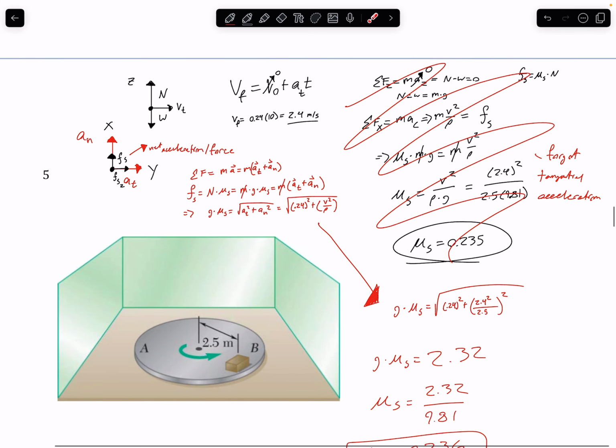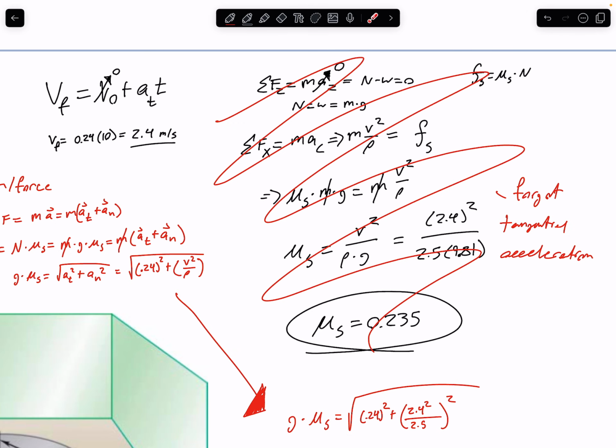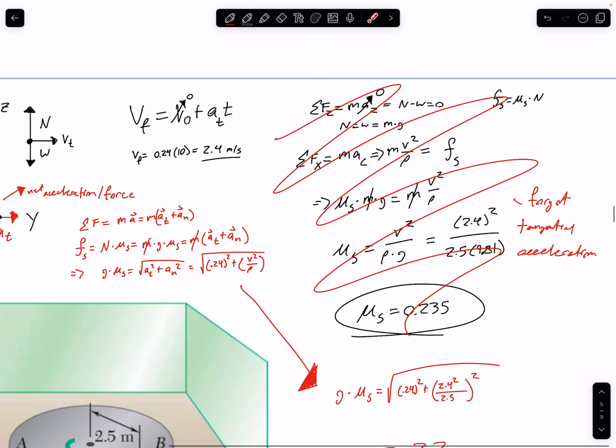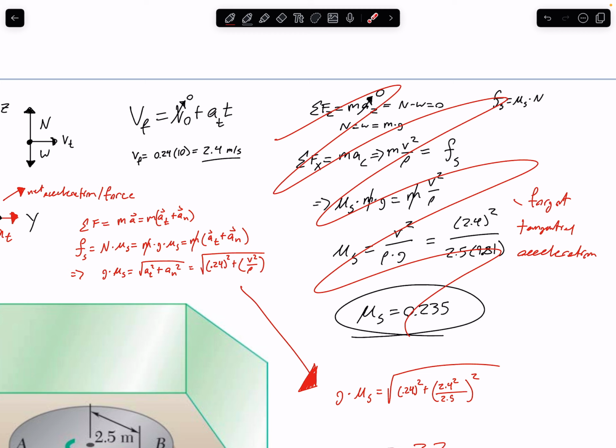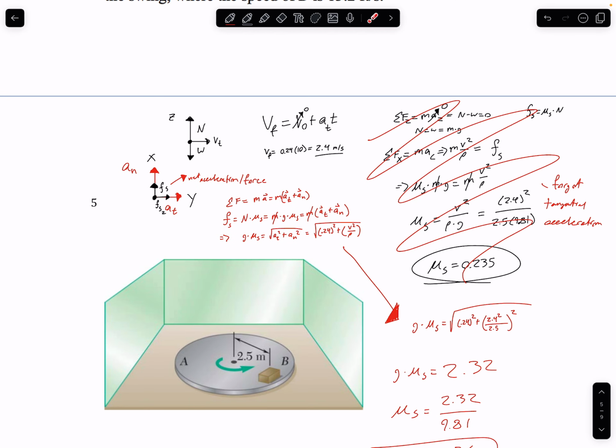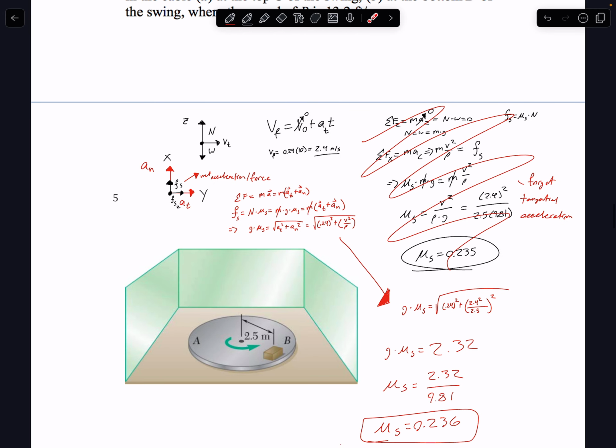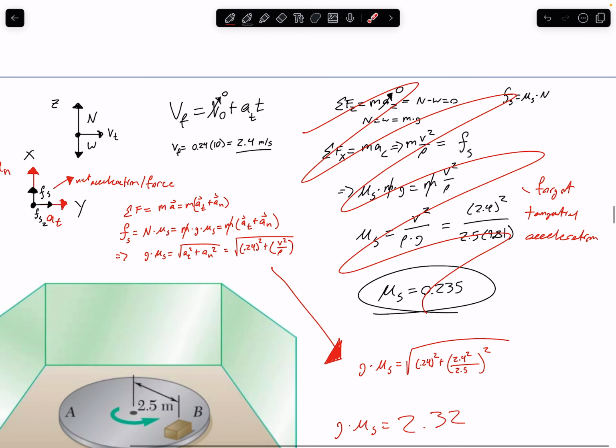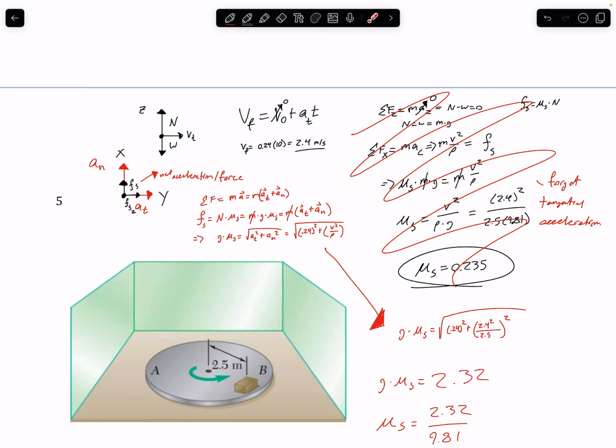The first time I went through this problem, I only accounted for the acceleration in the normal direction when the object was still accelerating in the tangential direction, which changes the acceleration a little bit, which then ends up changing the coefficient of static friction as well. So, again, it was a very finite difference, but it does change the answer a bit.